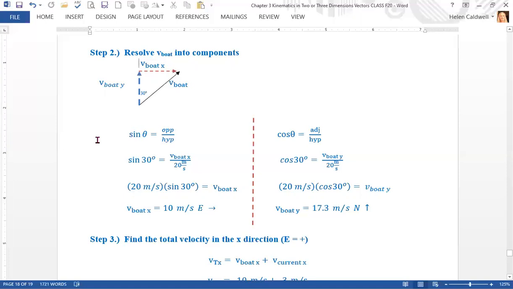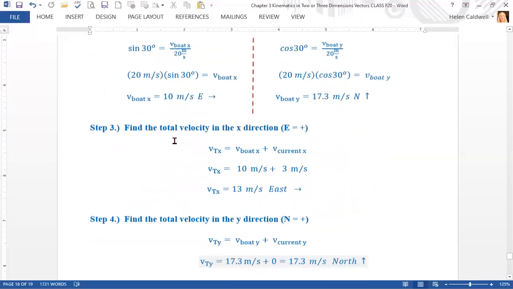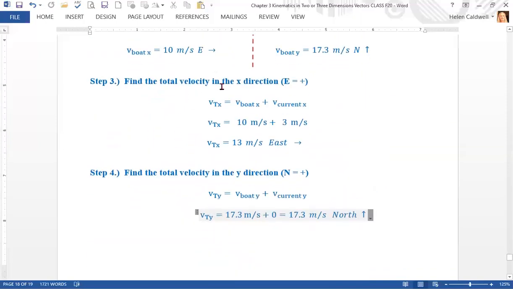So now what? We need the total velocity in the x direction and the total velocity in the y direction. So v total in the x direction, we're going to let east equal positive. That'll be the boat's x direction and the current's x added together. They both point east, so they're both positive numbers. So 10 meters per second plus 3 meters per second gives you 13 meters per second east.